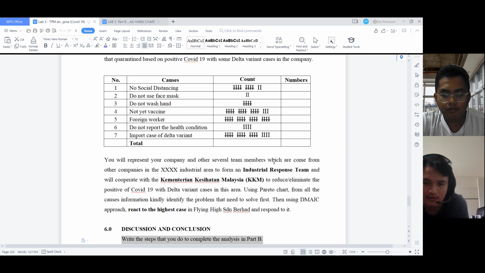Using a Pareto chart, from all the cause information, kindly identify the problem that needs to be solved first. Then, using the DMAIC approach, react to the highest case in the Flying High neighborhood and respond to it.